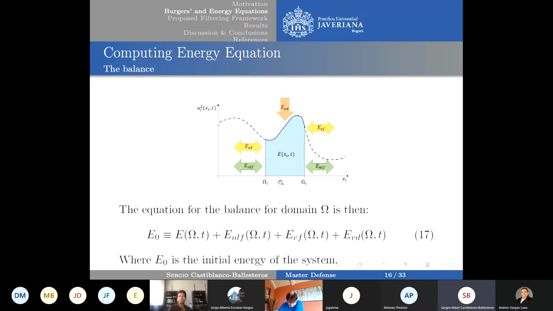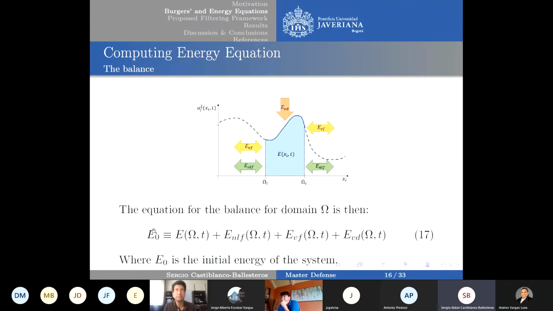Okay, now a balance of energy can be stated. Here E sub 0 means the initial energy of the system, and the balance is then the next.